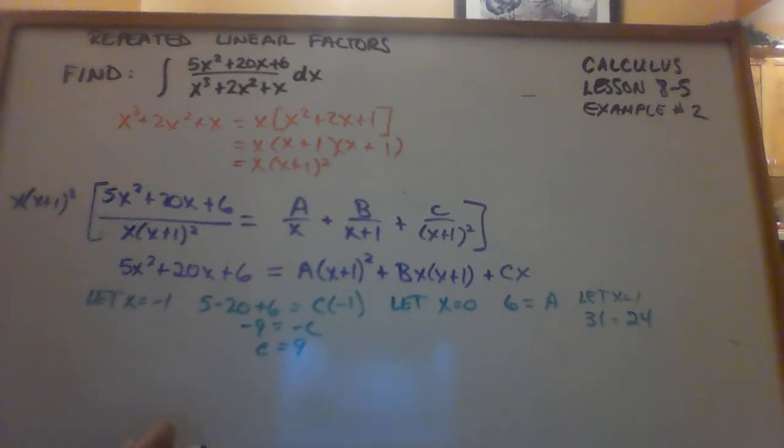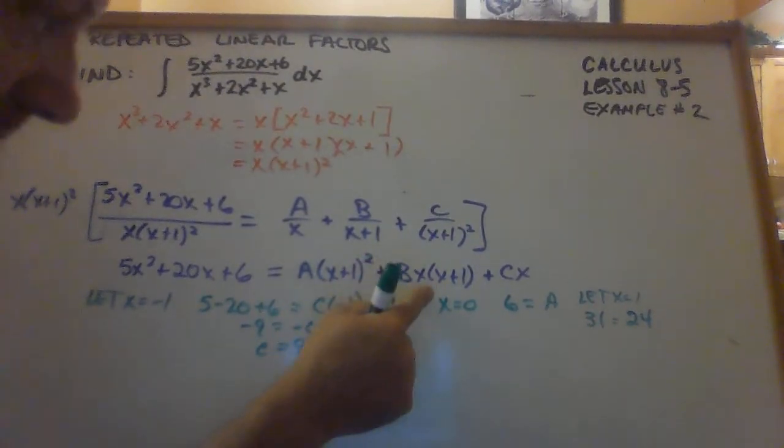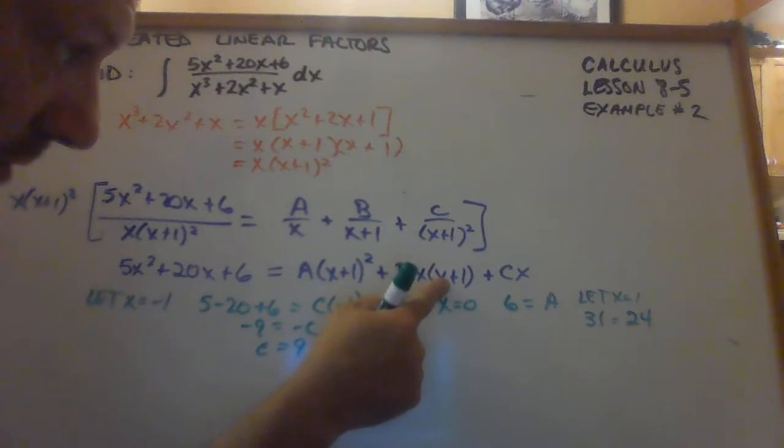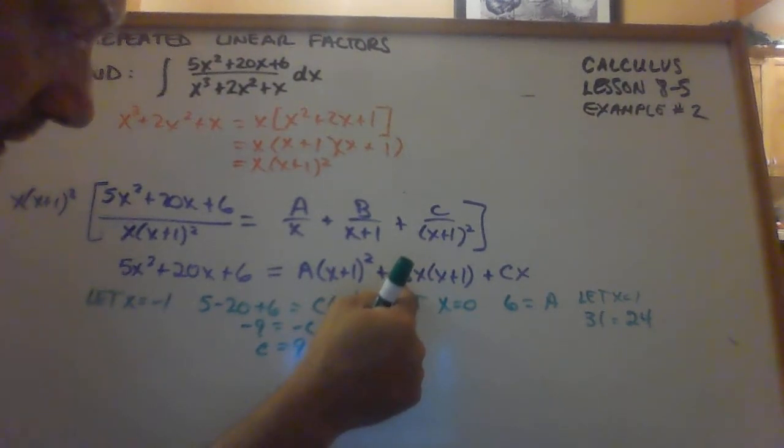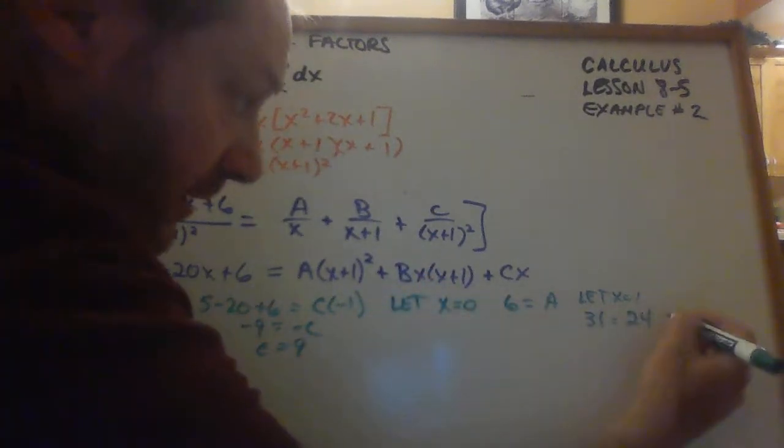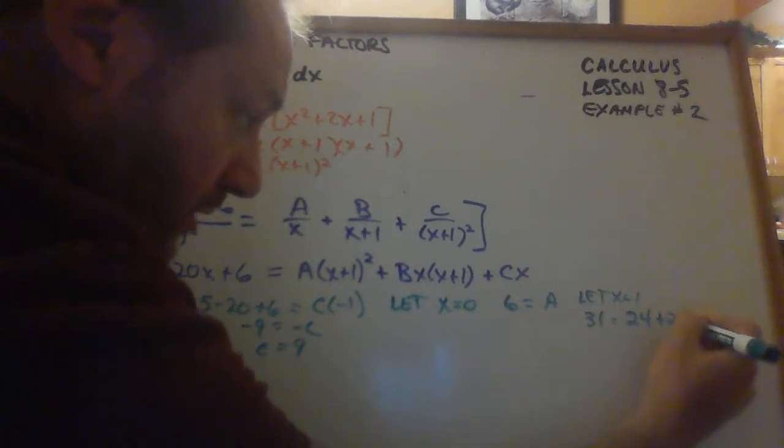And then if I plug in 1 here, I get 1 times 2, which is 2 times b. So that's plus 2b.